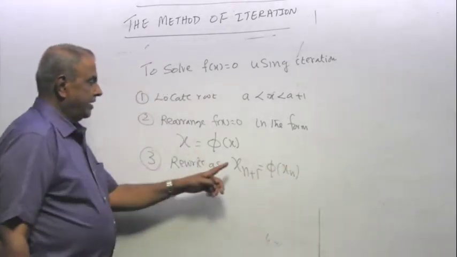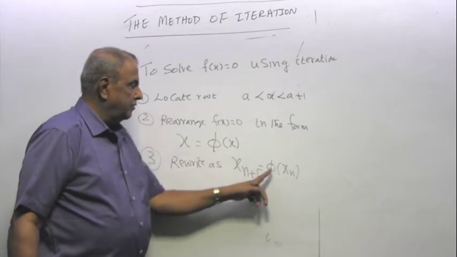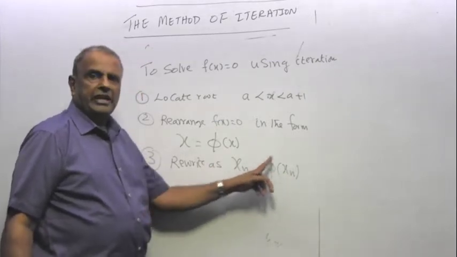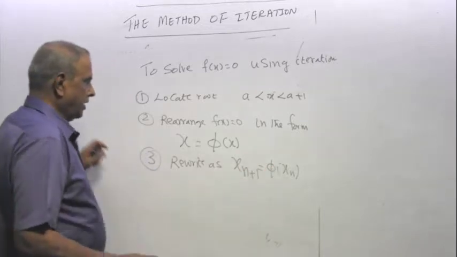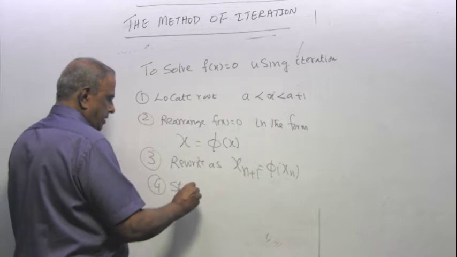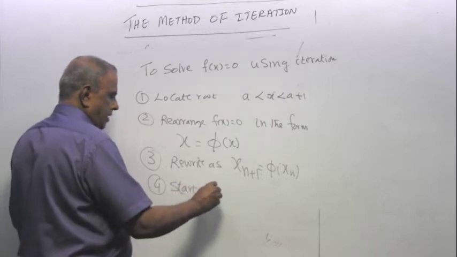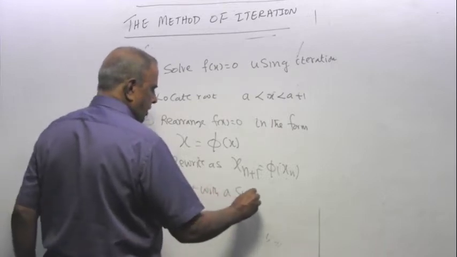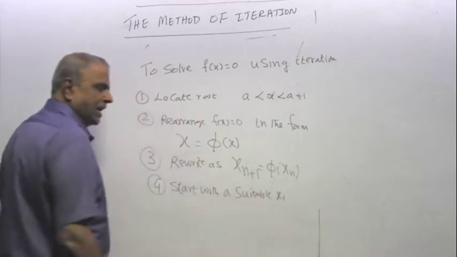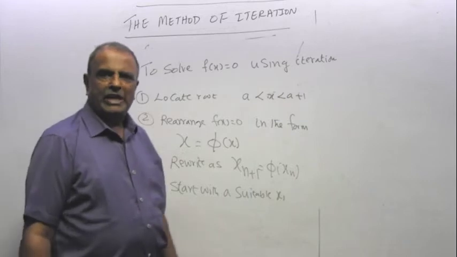This way, x1, phi of x1 gives you x2, phi of x2 gives you x3, phi of x3 gives you another, and then number 4, start with a suitable x1. In other words, if the root is between 3 and 4, you don't start with minus 22.